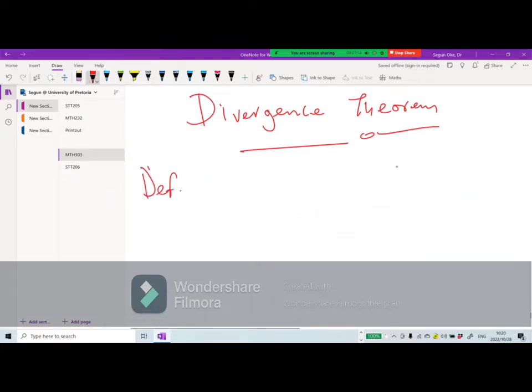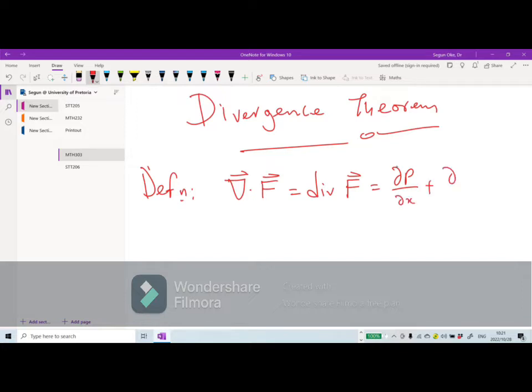We have the divergence of a vector field F, which is the same thing as the partial derivative of P over x, plus the partial derivative of Q over y, plus the partial derivative of R over z.